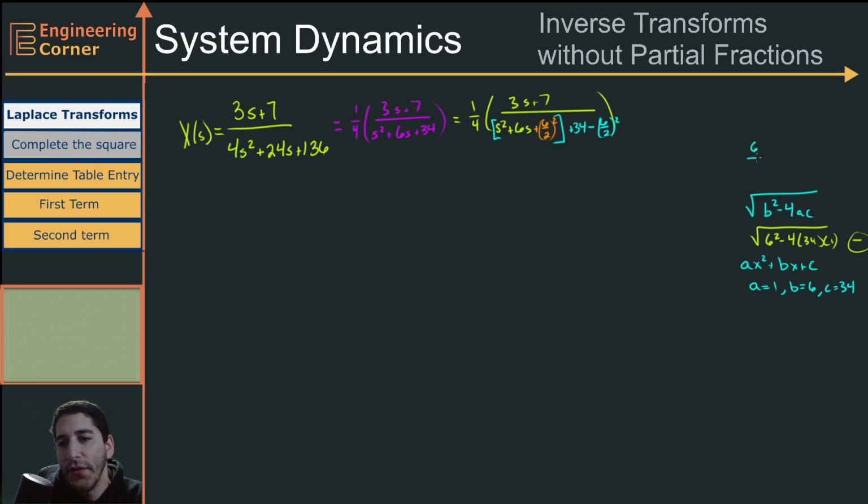Now, what is 6 over 2? 6 over 2 squared is 3 squared. So it's equal to 9. So we can say this right here is s squared plus 6s plus 9. This right here is equal to 25.